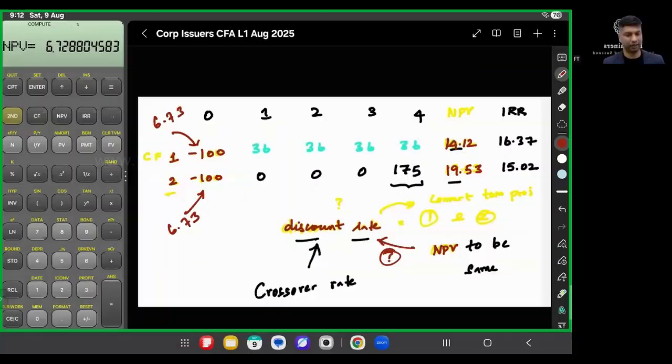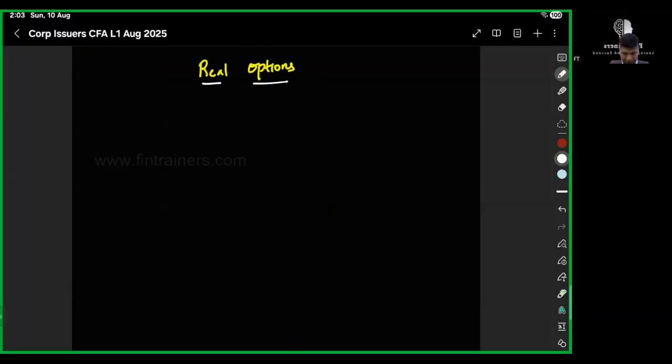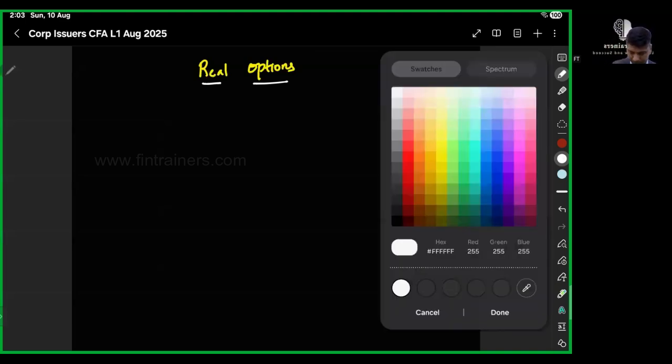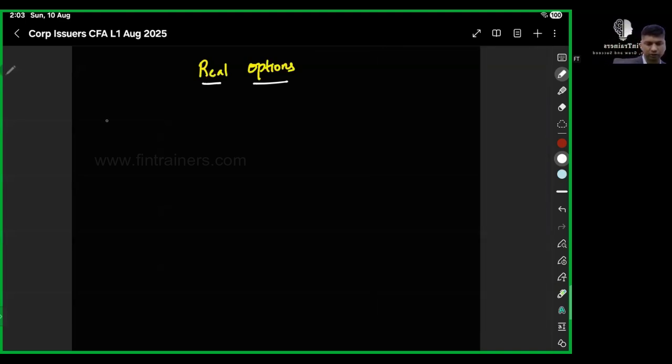When we talk about real options, you do some investing in a capital project, then later on you get some additional options available to you. As an example, let's say you are a manufacturer of tires, like Goodyear or Michelin.